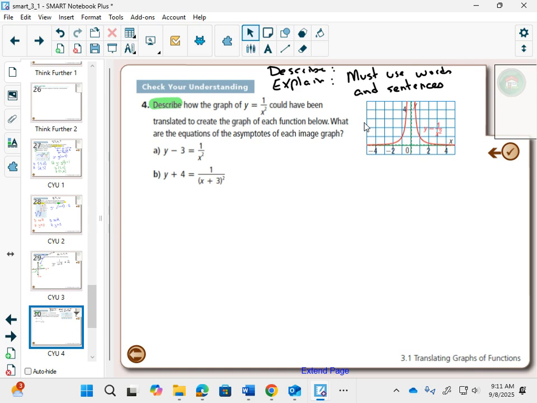So, if it's really simple, this would never happen, but if a question was describe how to get the answer to 2 plus 2, and you wrote 2 plus 2 equals 4, that is the right answer. You would get 0 marks on that question because it was a describe question and you just did numbers and math.